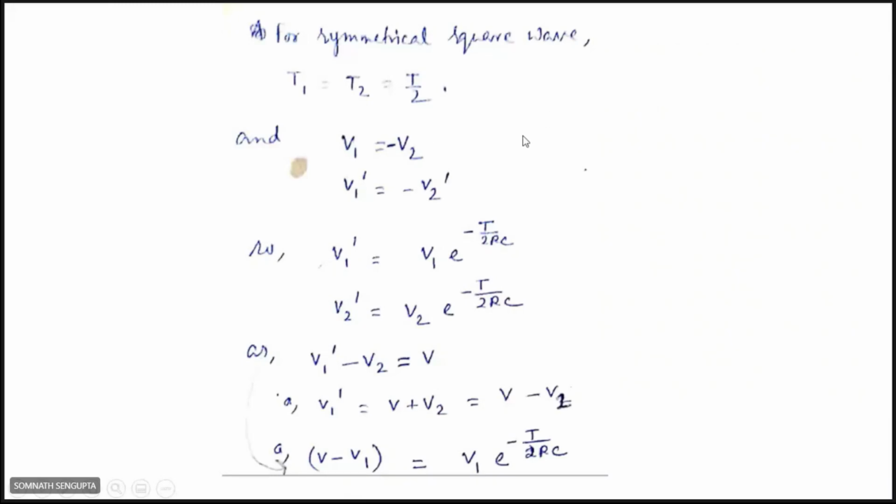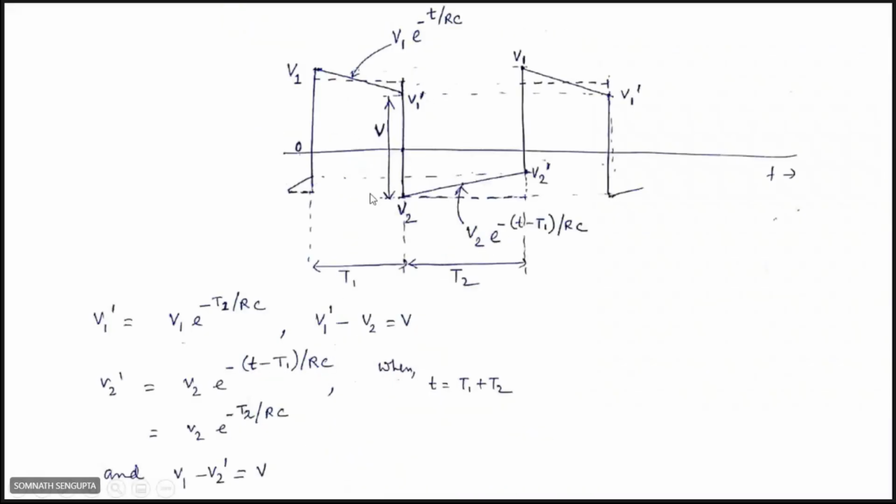In that case, what happens? V1 is equal to minus V2. So this is V1 and this is V2. These two voltages will be equal and opposite. So instead of keeping V, let us keep it the same one, that is V1.